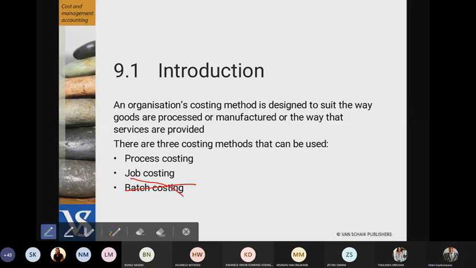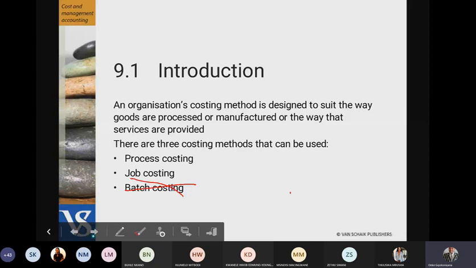So let's move on. Now, when you look at your process costing system, they just give you a snapshot of it. They say that is where a large number of homogeneous or similar products are made.